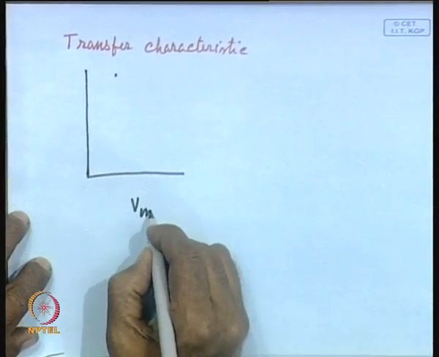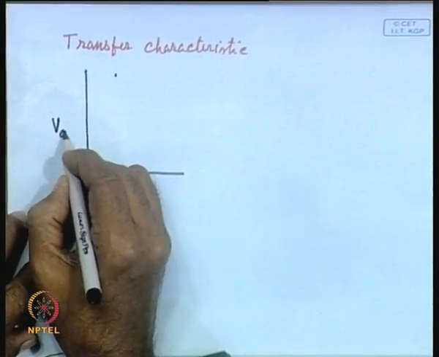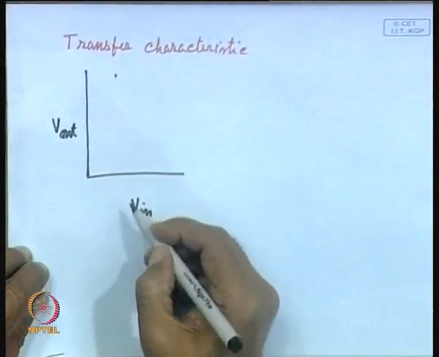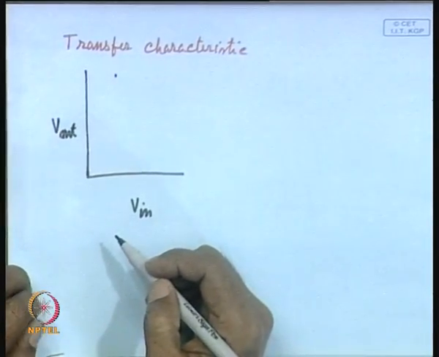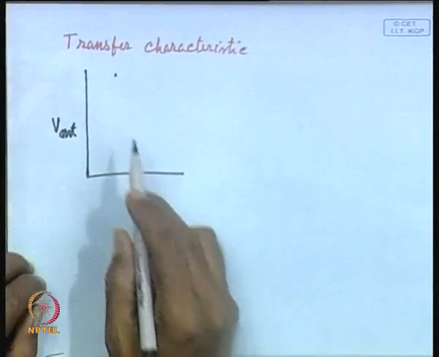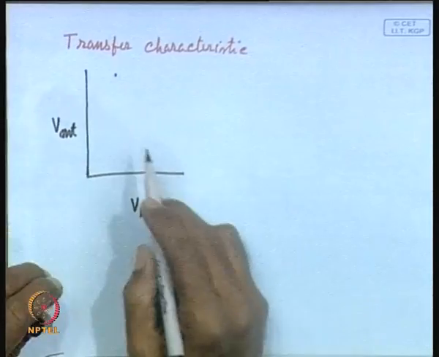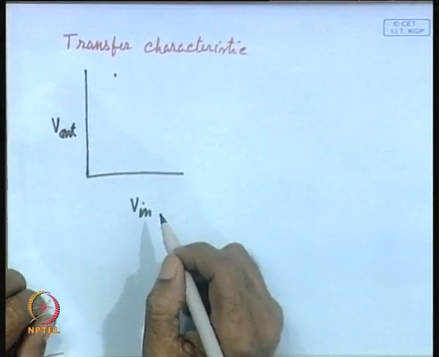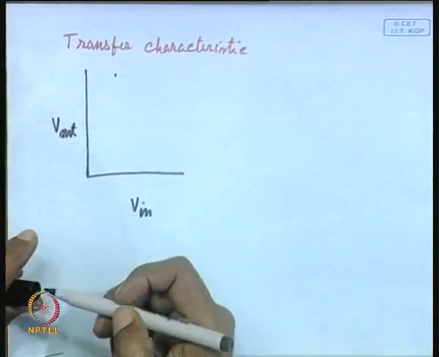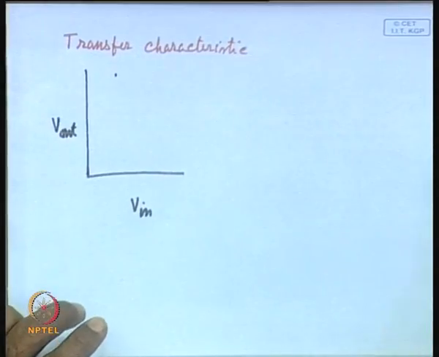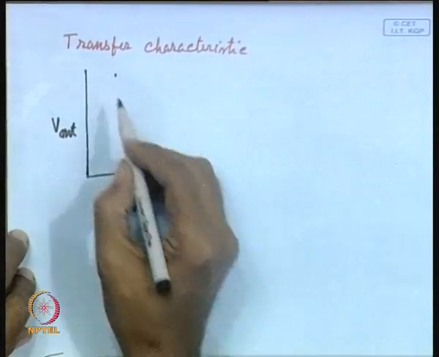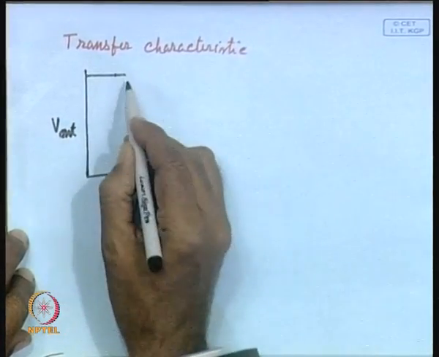So, this is your input and this is your output. So, how the input gets transferred, I mean input changes the output, and that is represented with the help of the transfer characteristic. Ideally, an inverter will have a transfer characteristic like this.